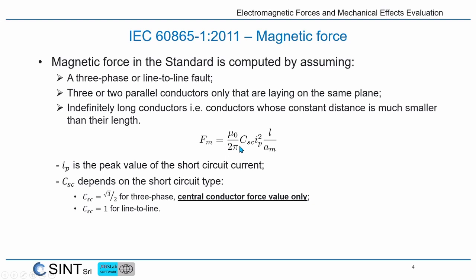Given these assumptions, it is possible to obtain this equation here, with some specific term related to the peak value of the short circuit current, and this coefficient that depends on the short circuit type, determining whether we have a three-phase fault or just a line-to-line fault. And based on that, we have two possible values.